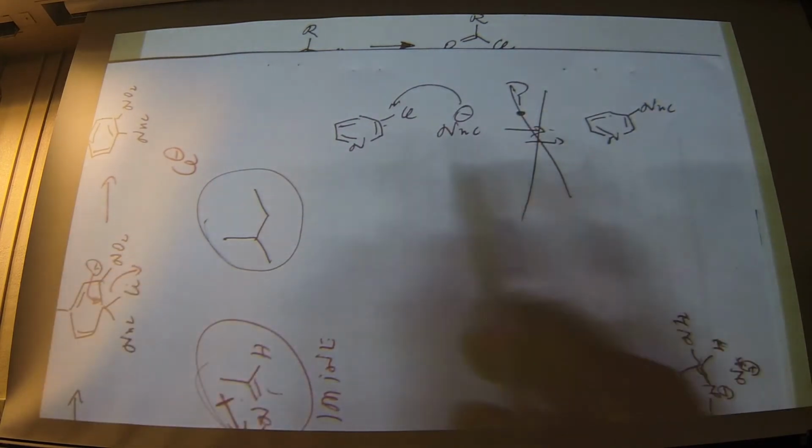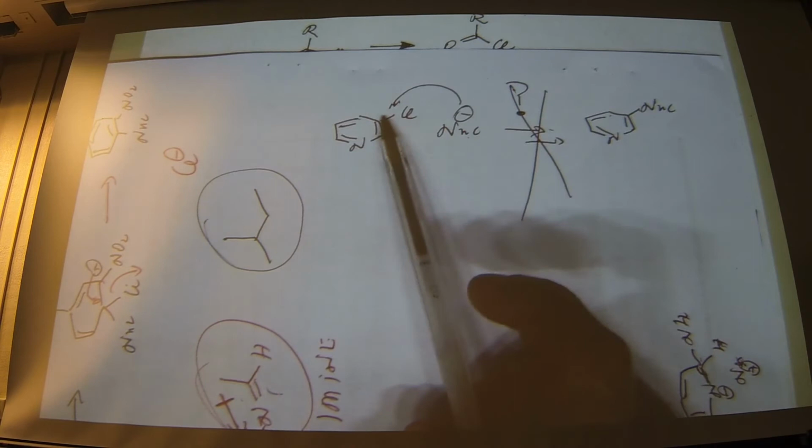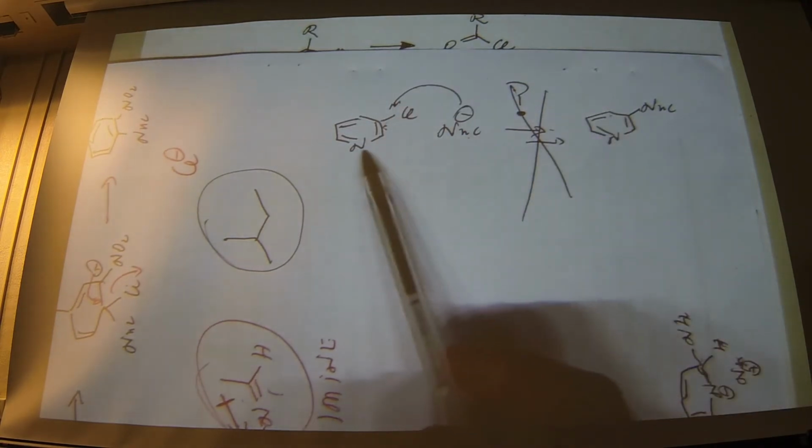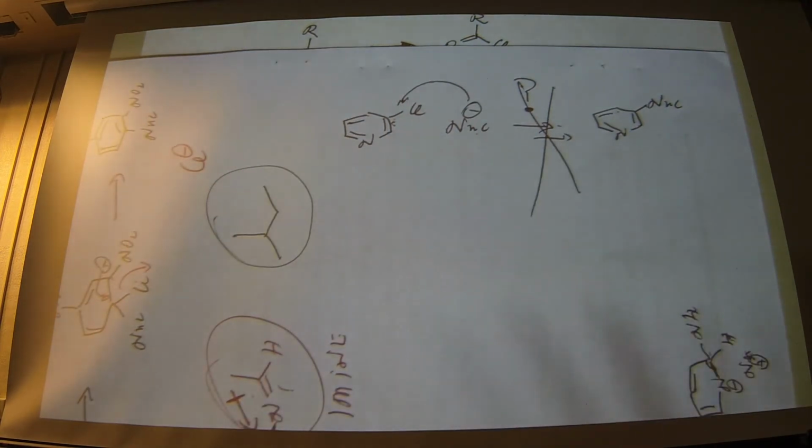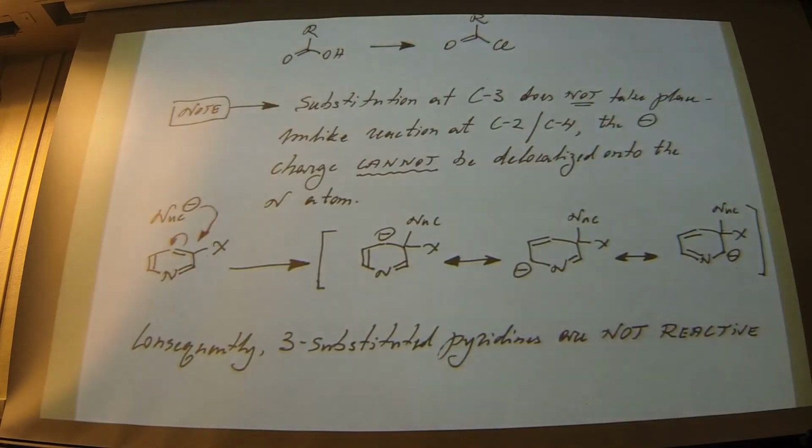And the reason it doesn't work is because you never end up delocalizing the negative charge onto the nitrogen atom this way. And so remember why it works so very, very well at C2. The reason it works so well at C2 is because you end up placing the negative charge on the nitrogen atom.